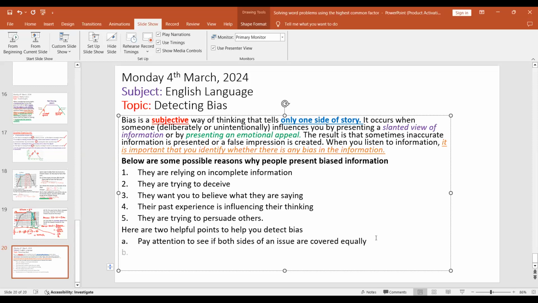Next, think about the speaker's word choices.